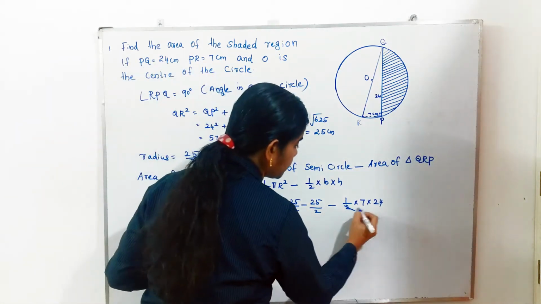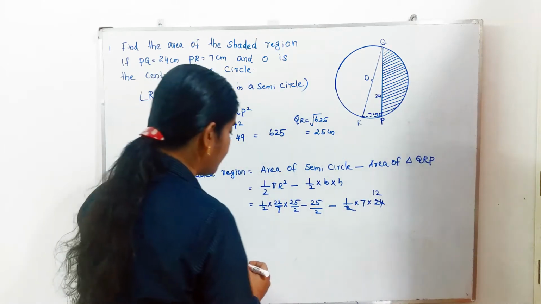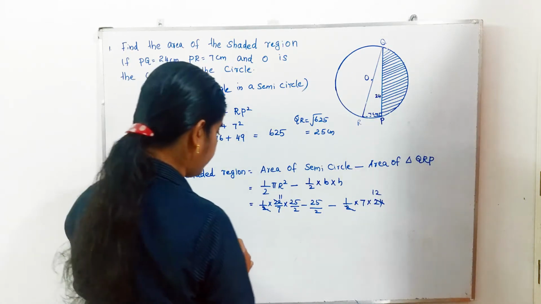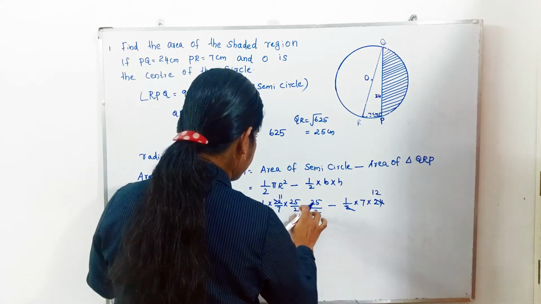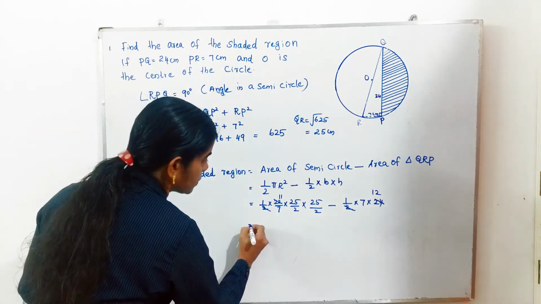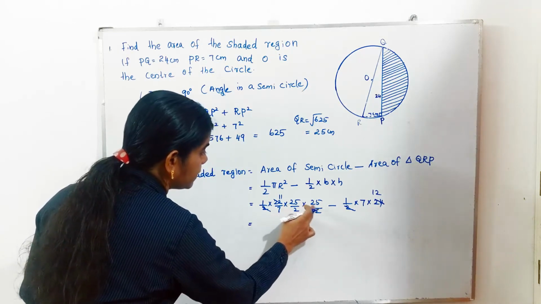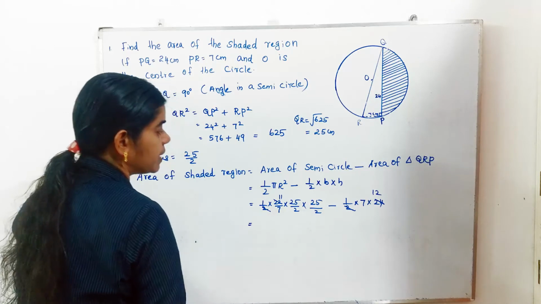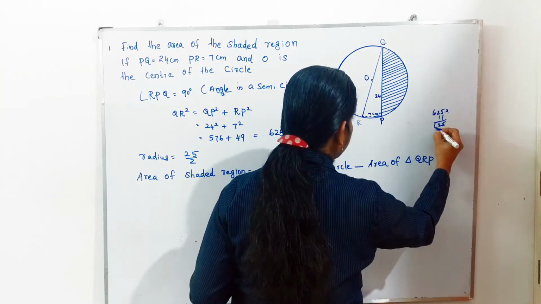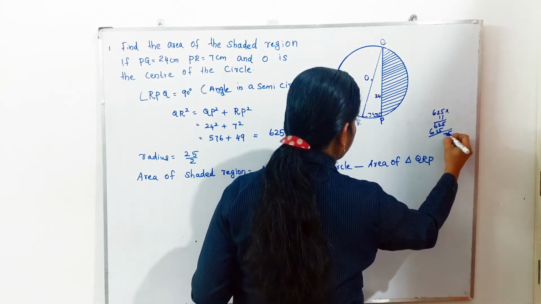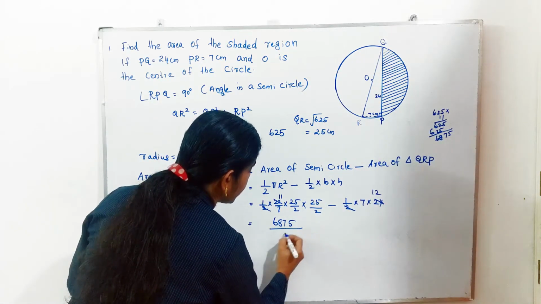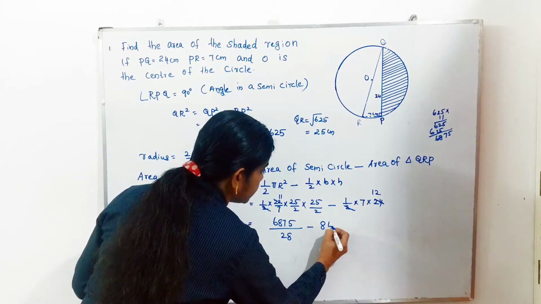Here 2 and 24 we can cut, that will be 12. Here 2 we can cut, 11 times. Then, here 25 into 25 is 625, 625 into 11 is 6875. So 6875 divided by 28, minus 84.